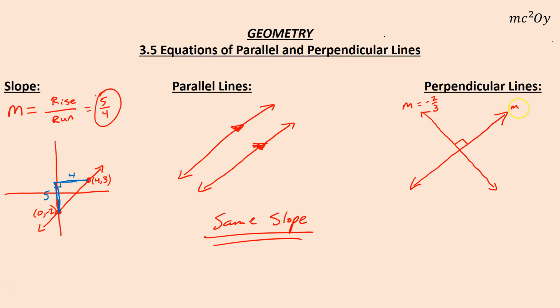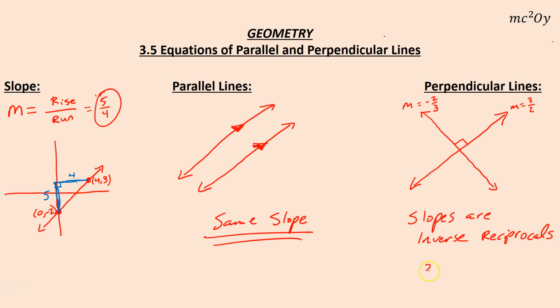Okay. So this slope of this line would be 3/2. So slopes of perpendicular lines are inverse reciprocals of each other. It's just a fancy way of saying you change the sign and flip the fraction.